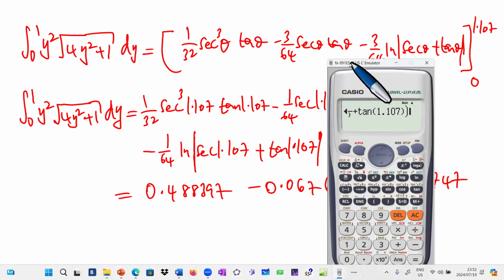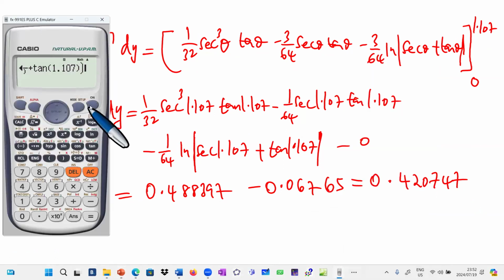Let us just do this. You need to do this properly and then you're going to have 1 out of 32, and then you multiply this by this here.